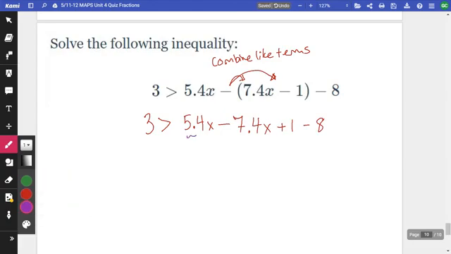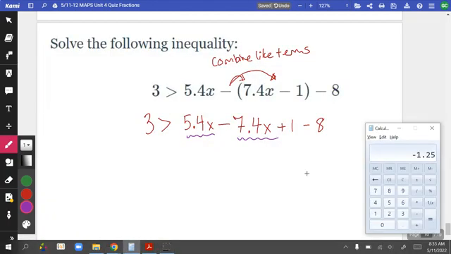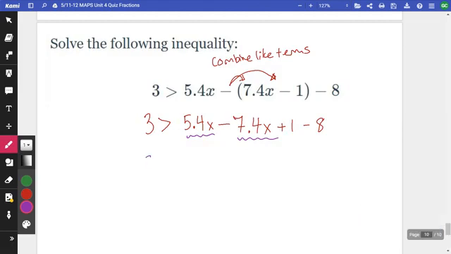Next, we need to combine like terms with our 5.4 and negative 7.4x. I think that's going to be negative 2, but let's check. 5.4 minus 7.4, and we get negative 2. So on the left side, we have 3 is greater than, and on the right side, now we have negative 2x.